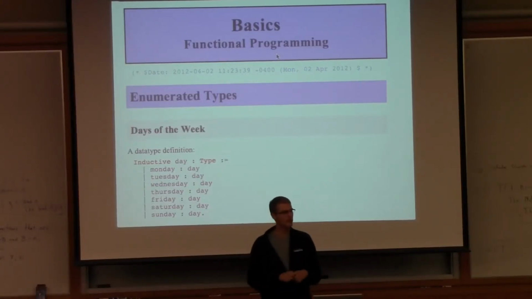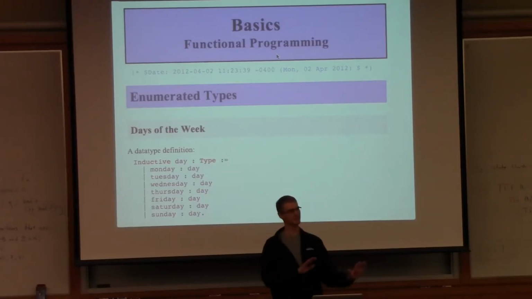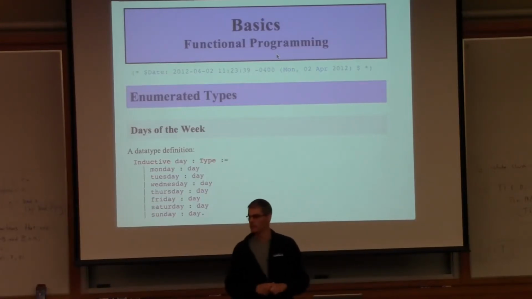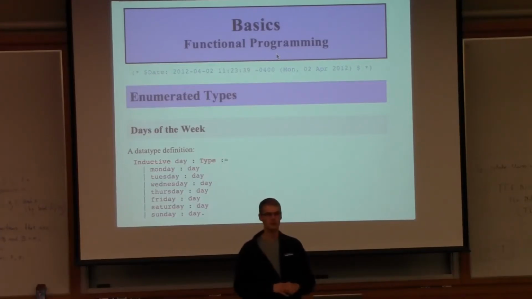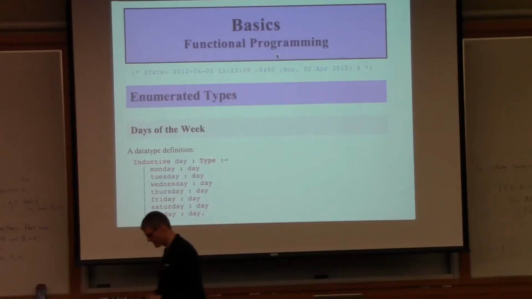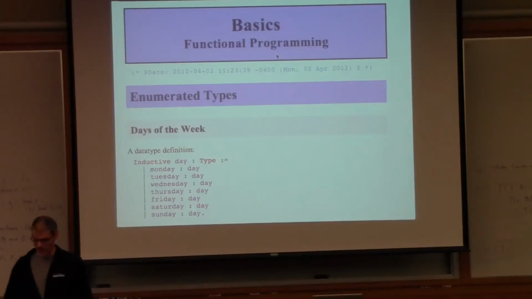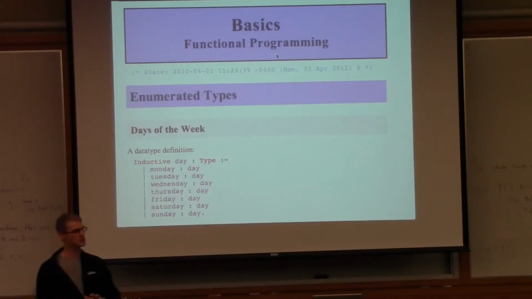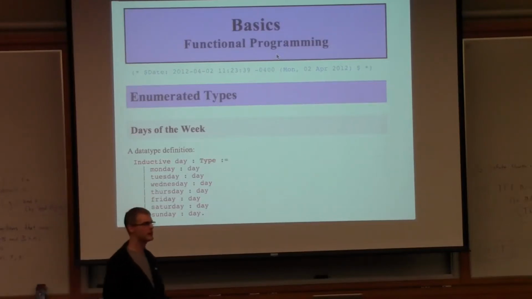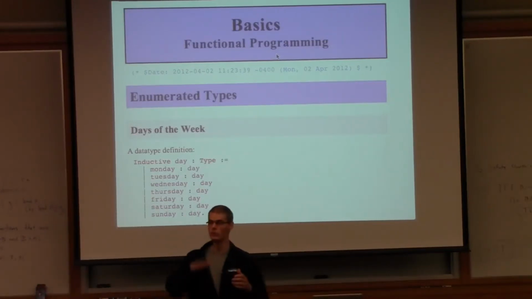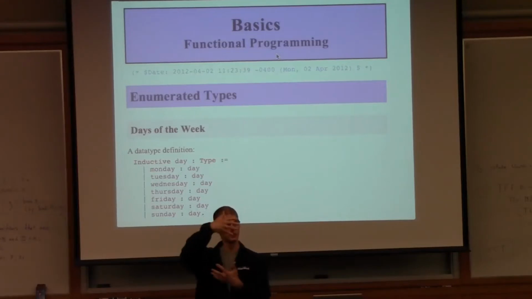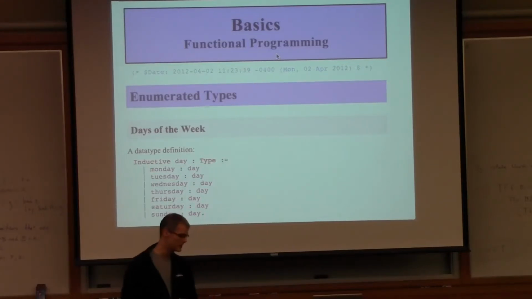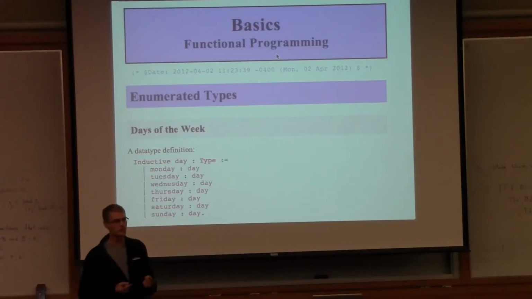How many people have, although they've installed Coq, not done any playing with any of the IDEs? Okay, good. So let me talk a little bit about the possibilities there. You can drive Coq straight from a terminal window. You don't want to. So you want some kind of an IDE that's going to help you with moving back and forth in proofs and showing you the state of the proof at each point. And there are two.